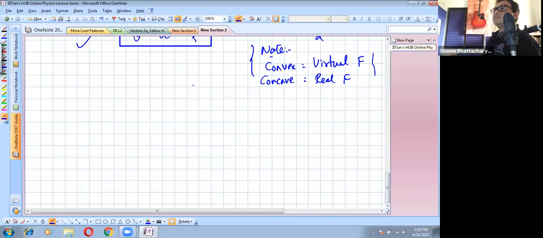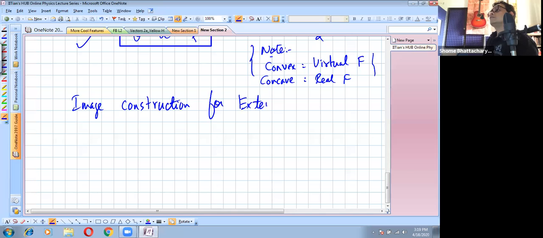Okay, next from this we will see how we can do analysis, or image construction, for extended objects. Okay.